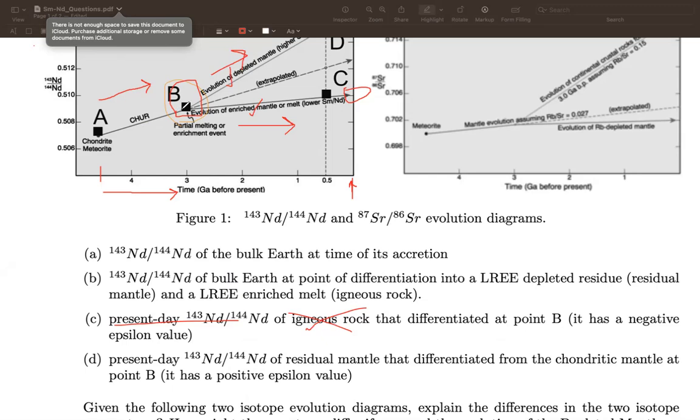After differentiation, what happens to the mantle? Compared to their relative incompatibilities, samarium and neodymium, samarium is more compatible, right? So it remains much in the mantle rather than going into the melt, right? So what happens for the neodymium isotope systematics?